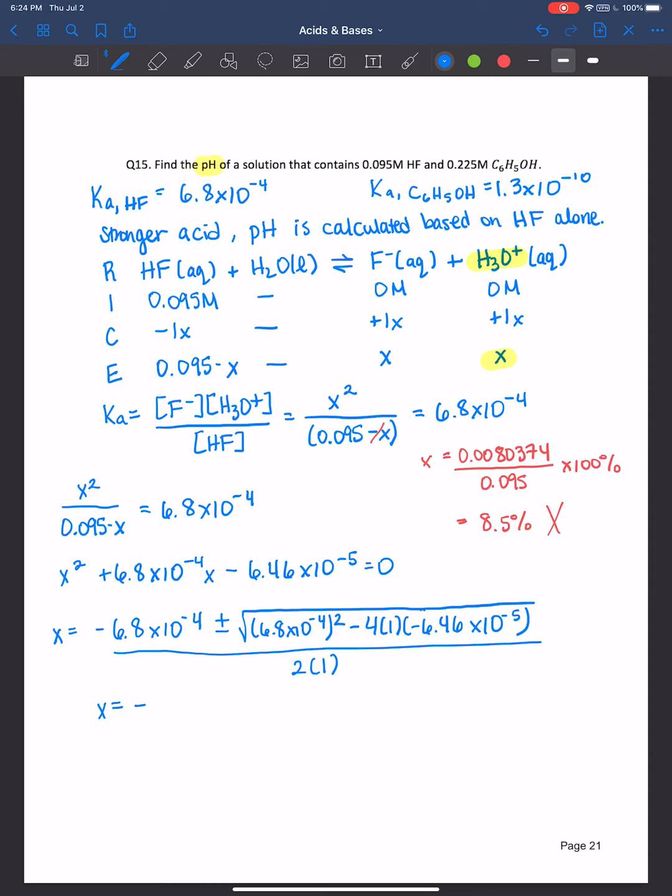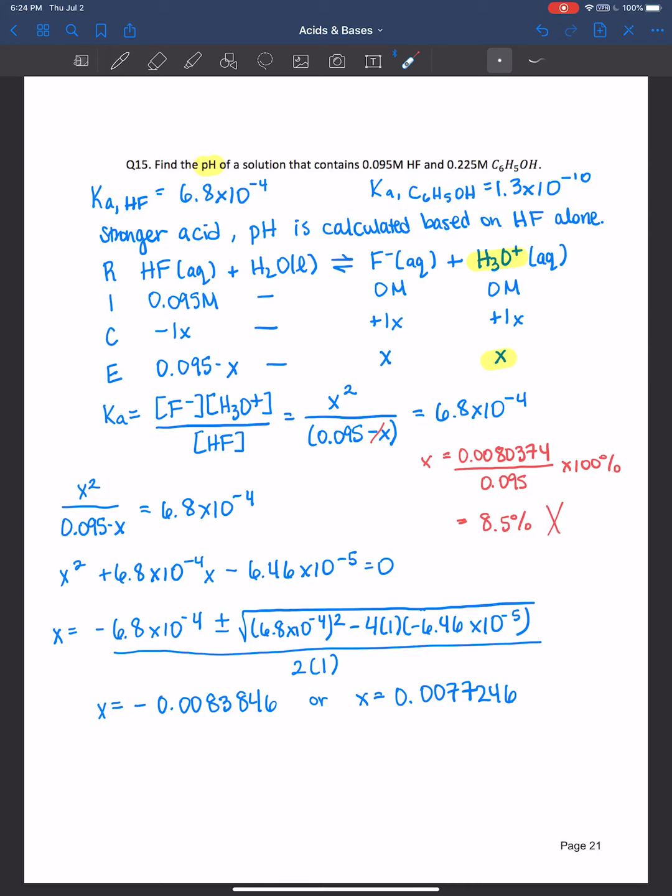So one was x is equal to negative 0.0083846, or x is equal to 0.0077246. So if we look at these two answers, which one is the one that's not going to work for us? That's correct.